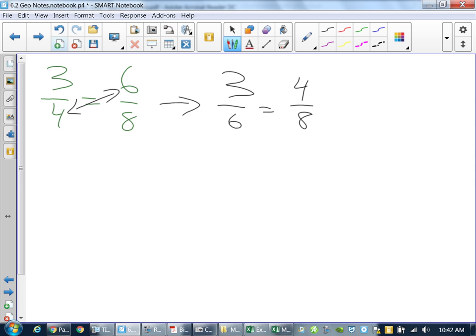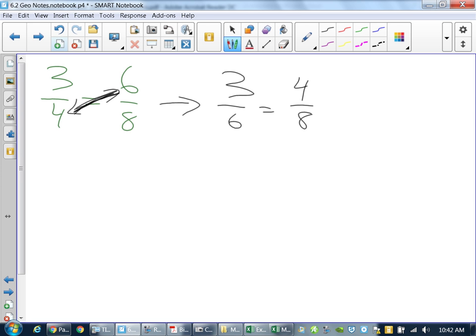Yeah. That's a true statement because 3 over 6 is what? It's a half. And 4 over 8 is also a half. It's still a true statement. So what happens is you are allowed to exchange these on the diagonal. It still creates a true statement.